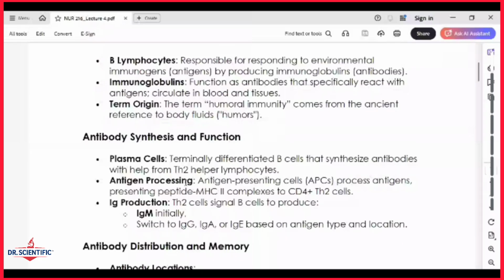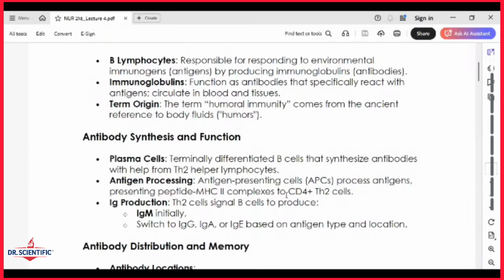So antigen presenting, of course, we know that antigens are processed via MHC2 if they are exogenous, or MHC1 if they are endogenous. But in this case, we are talking about Th2 cells helping B cells in antibody production, which means the antigen presentation is being done in MHC2 complexes.